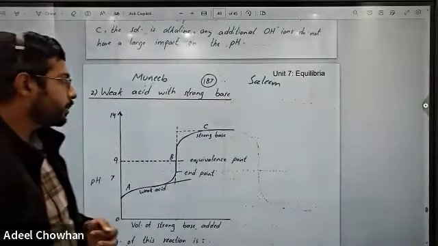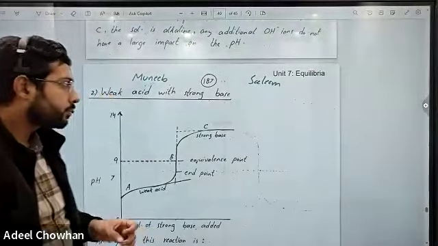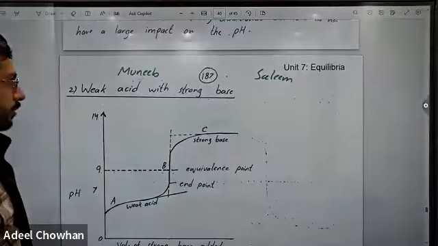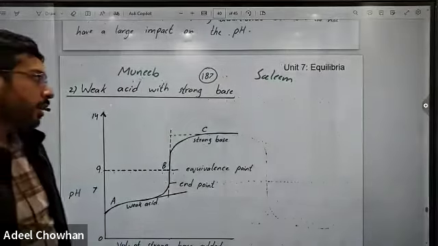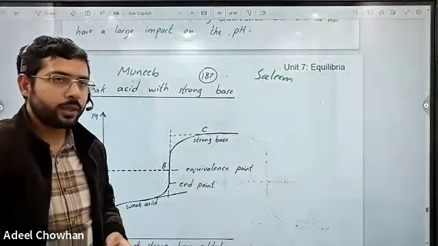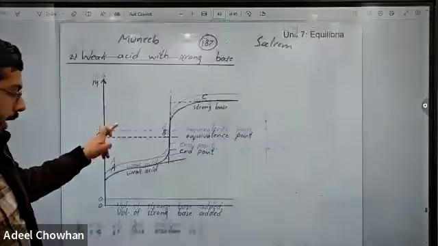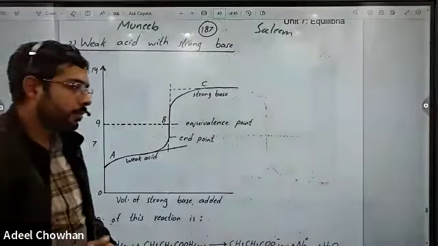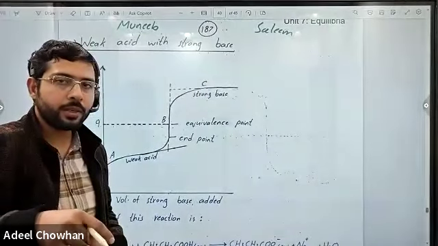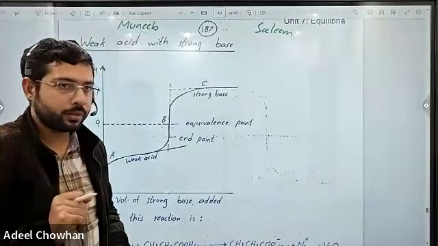Then we have the second combination in which a weak acid is reacted with a strong base. We will do it the same way: initially we have only the acid present in the flask, and then we add the base from the burette into the flask.